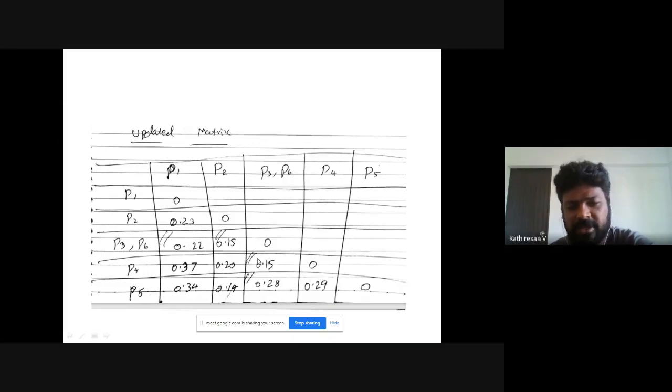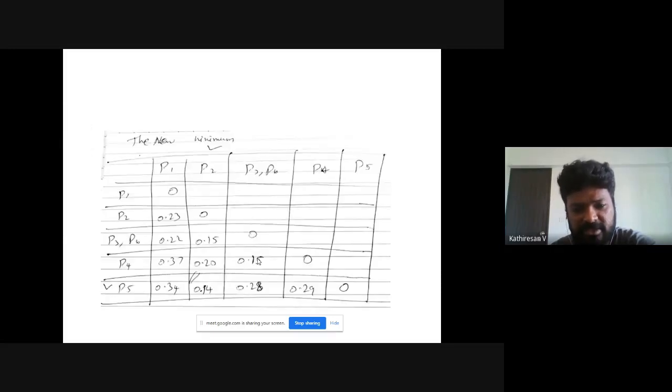So this is the updated distance matrix. In this distance matrix again we have to find the minimum value. Here you can find the minimum value. The minimum value is 0.14.